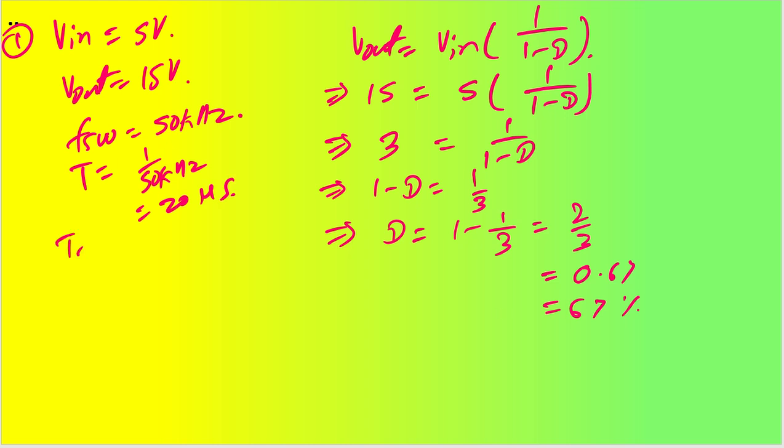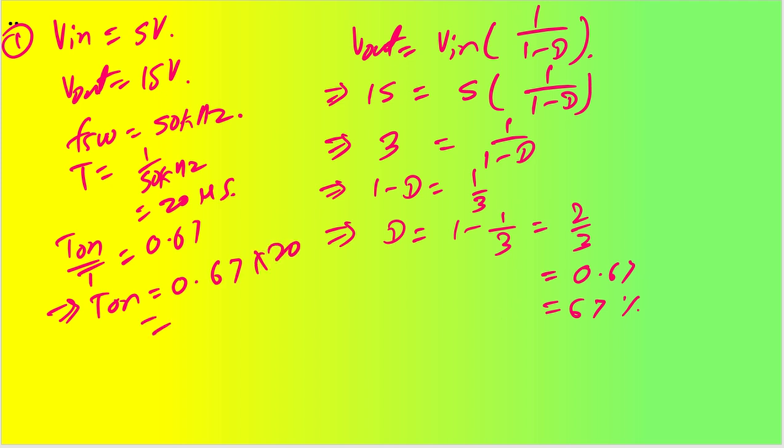So T on by T is going to be 0.67. T on will be 0.67 multiplied by 20, which is 13.4 microsecond. If you put exactly 13.4 microsecond, your output will be 15 volt.